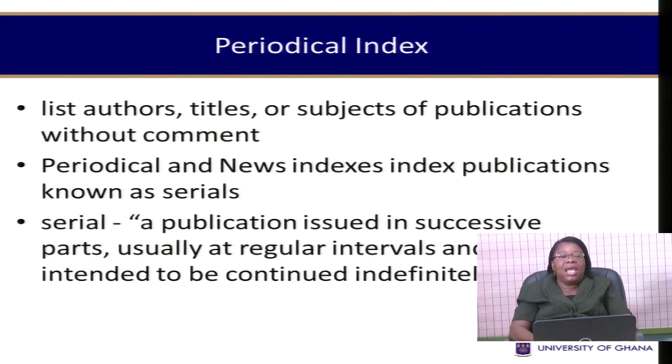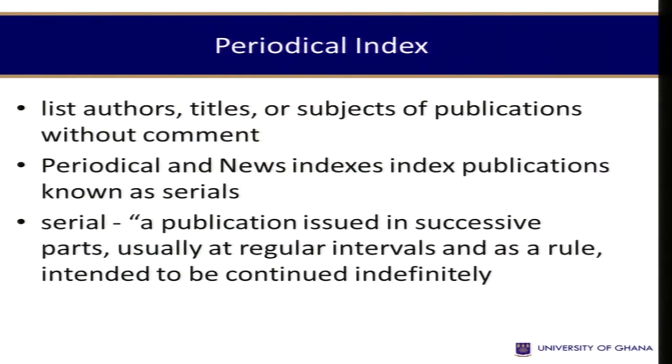Now, periodical and newspaper indexes are usually referred to as serials. And we describe a serial as a publication issued in successive parts, usually at regular intervals, and as a rule intended to be continued indefinitely.